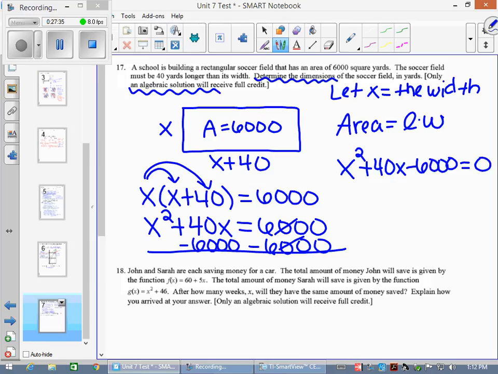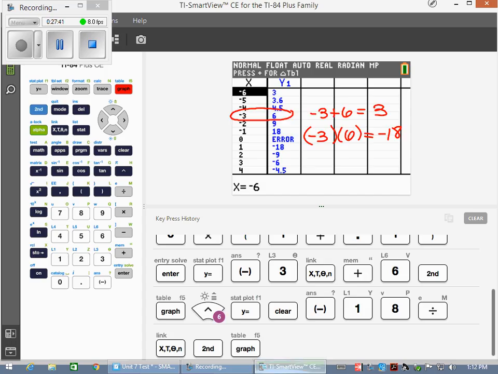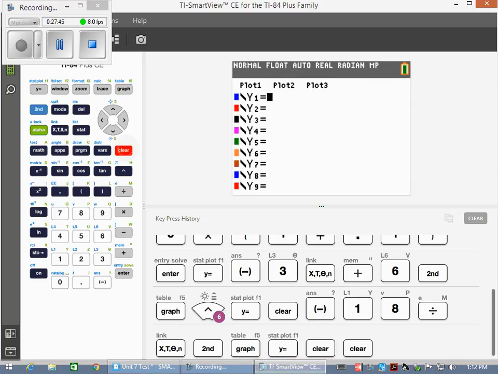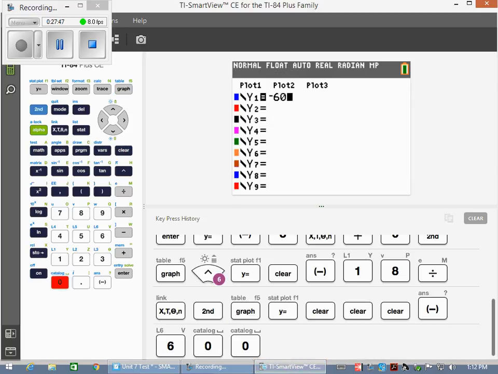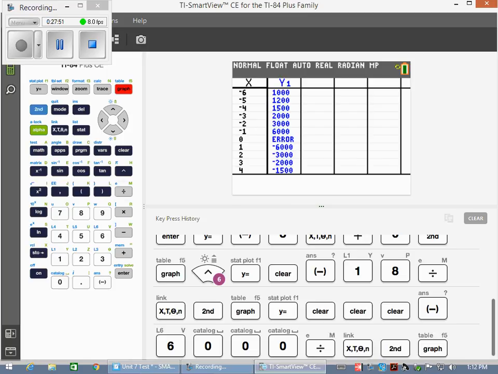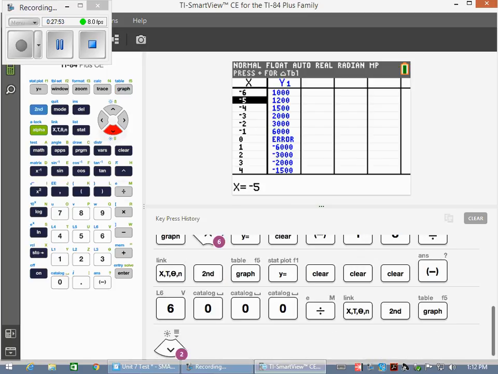I'm going to type in negative 6,000 divided by x, go to my table, and I'm going to scroll. So I'm looking for numbers that are going to add up to positive 40.